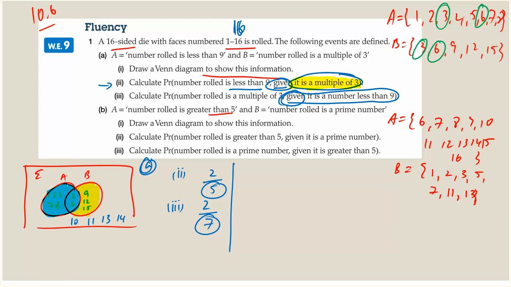We got A, B, and we know that 7, 11, and 13 are common in both A and B. I should circle it so I don't get mixed up.